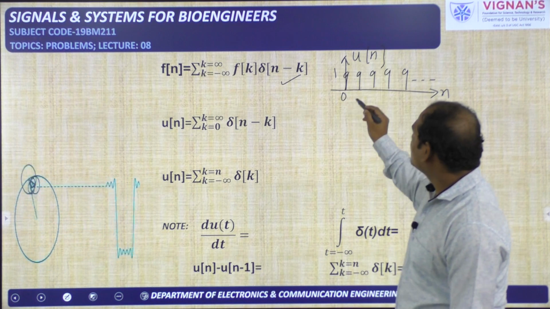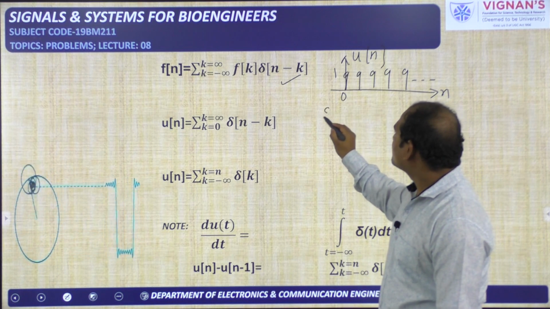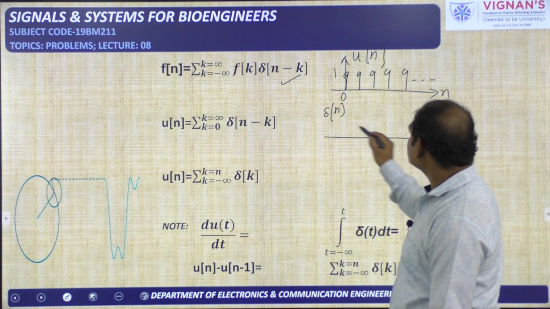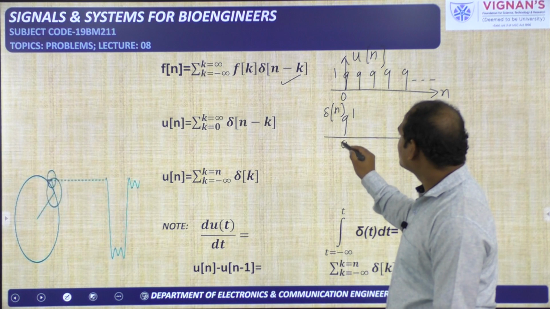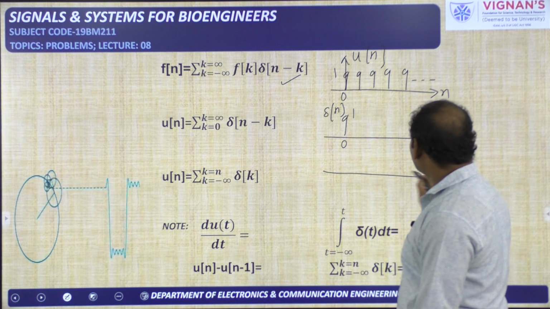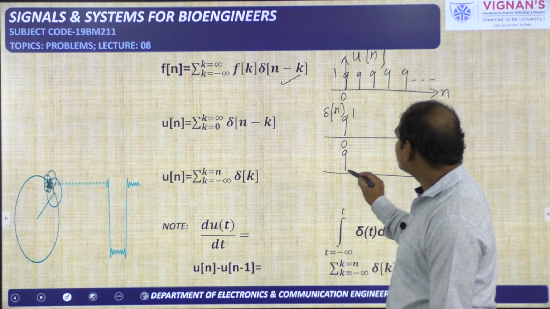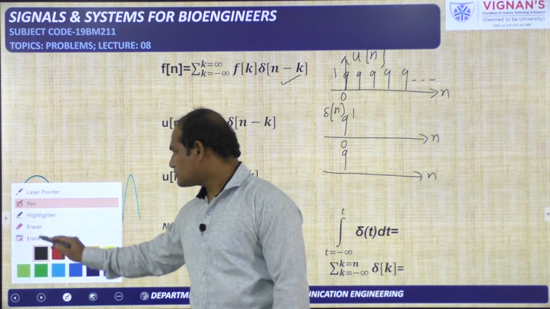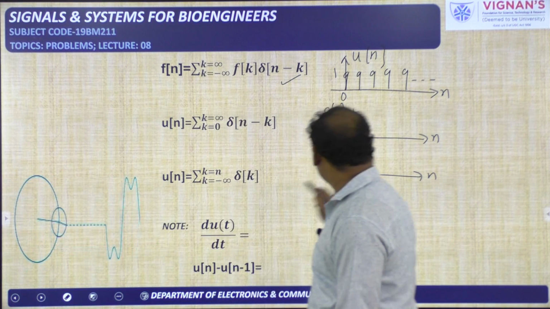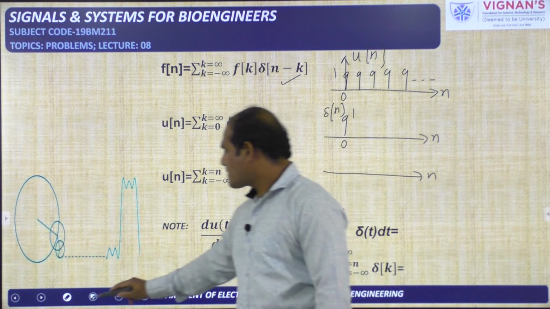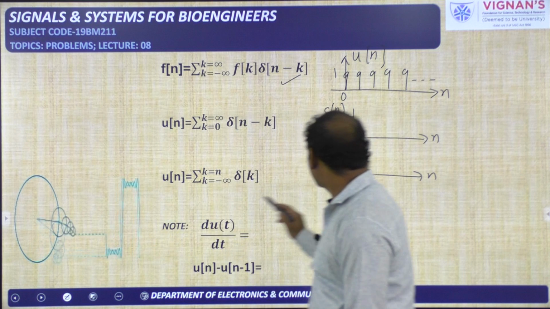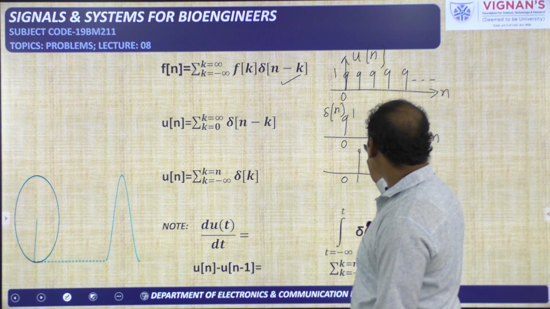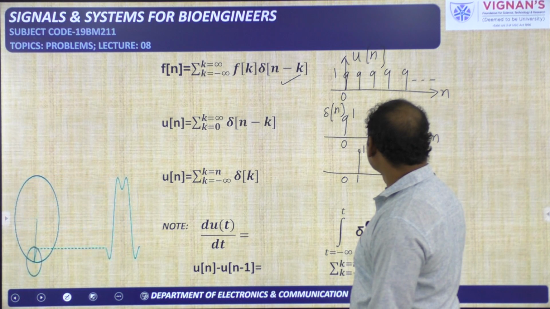U of n, del of n, this is del of n minus 1.